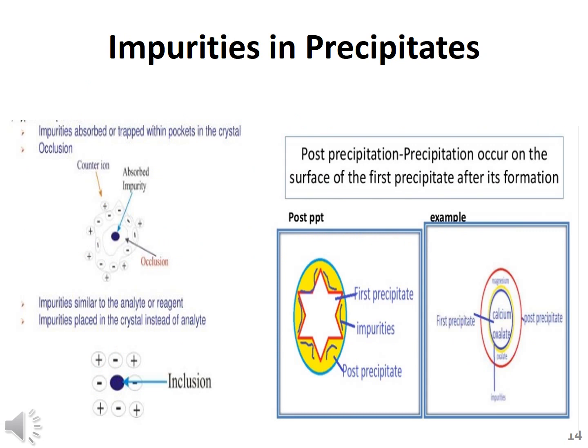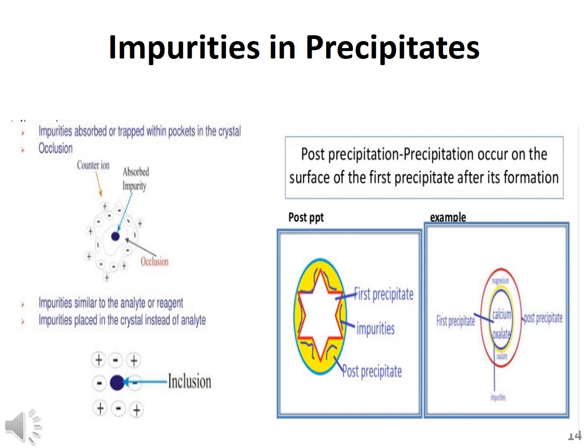In this slide you can see some photographs which describe the phenomena of inclusion, occlusion, and post-precipitation. The first one, at the top left, is the process of occlusion, which depicts the trapping of contaminant molecules within the crystal structure of the targeted analyte, for example, water molecules trapped in silver nitrate.